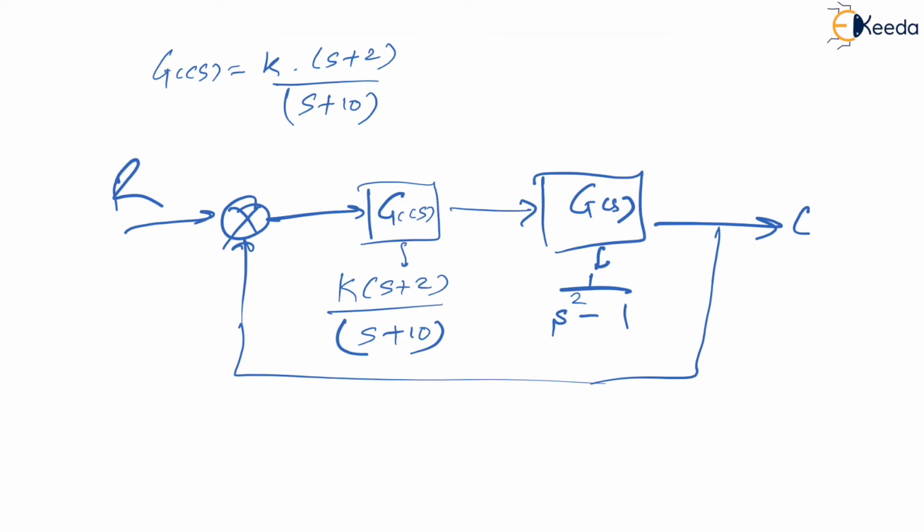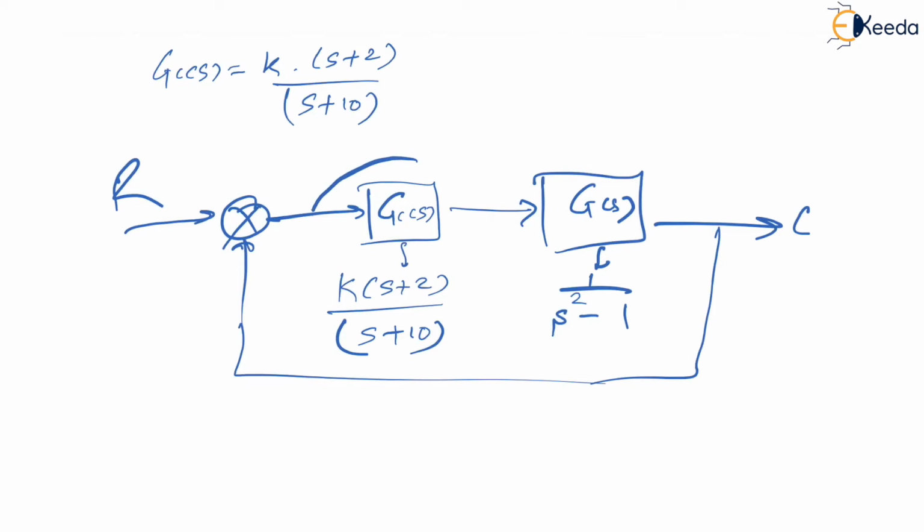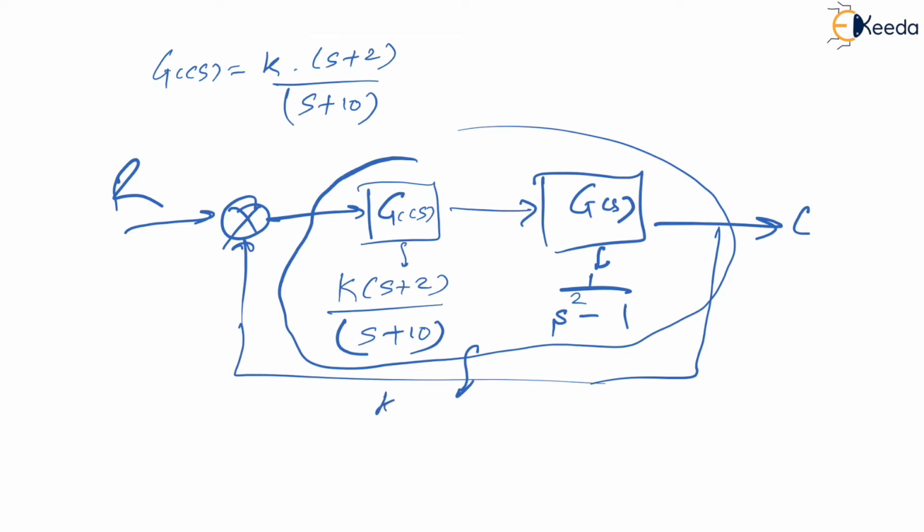Now what will be the characteristic equation? The open loop transfer function will be k(s + 2)/((s + 10)(s² − 1)). Is that correct? Yes.